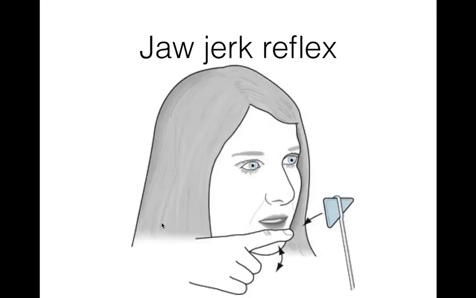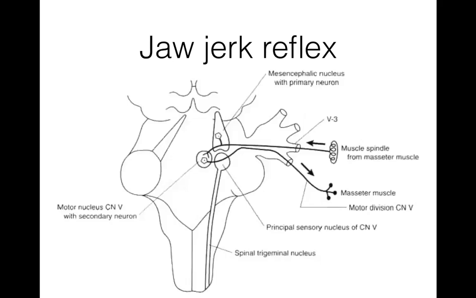Okay, so how is it elicited? So whenever we tap the chin over here, what we would observe is the contraction of the masseter as well as the temporalis muscle. So let's trace that.